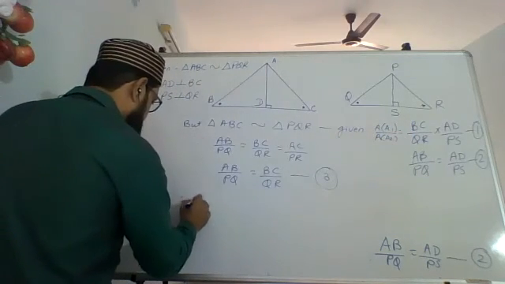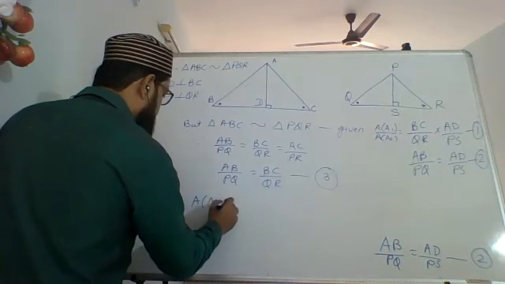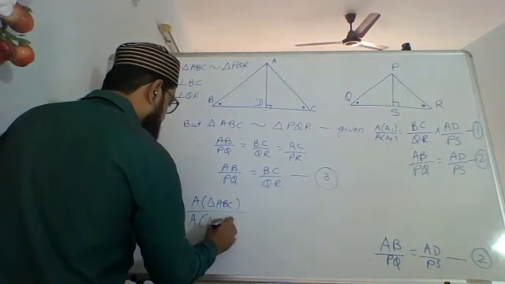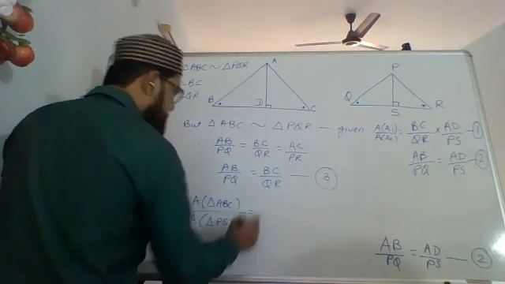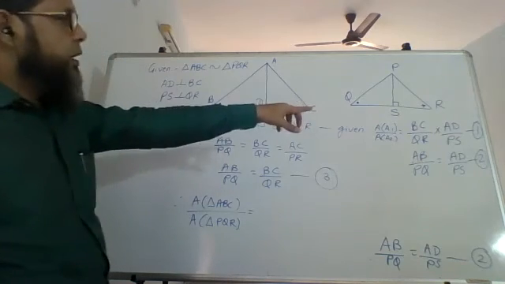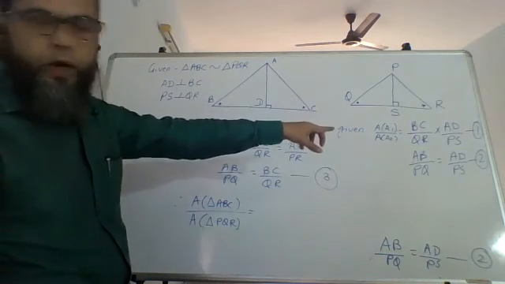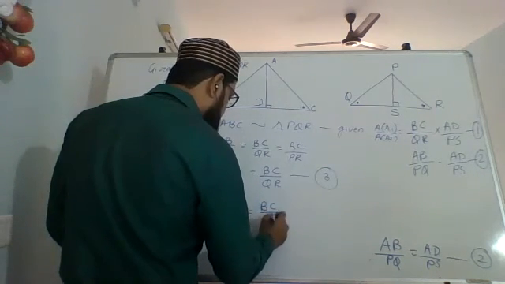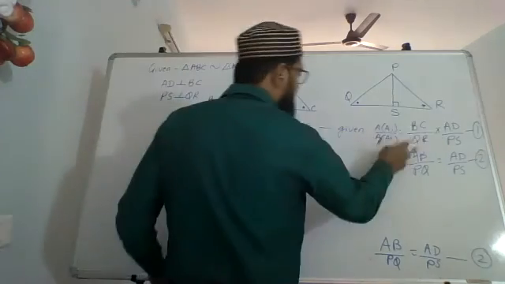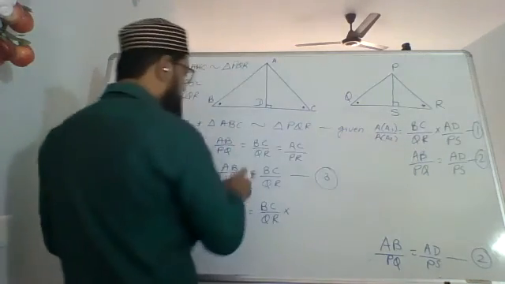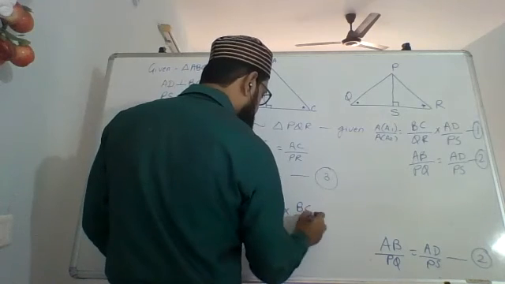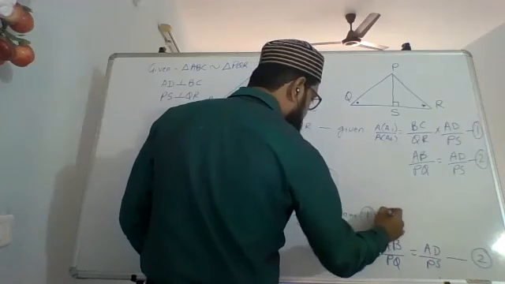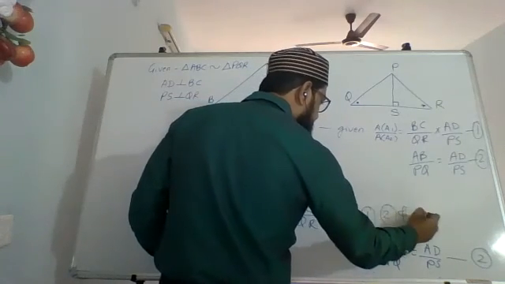Therefore area of triangle ABC upon area of triangle PQR equals to BC upon QR into AD upon PS, which equals BC upon QR into BC upon QR, since AD upon PS is AB upon PQ, and AB upon PQ is again BC upon QR, from 1, 2, and 3.